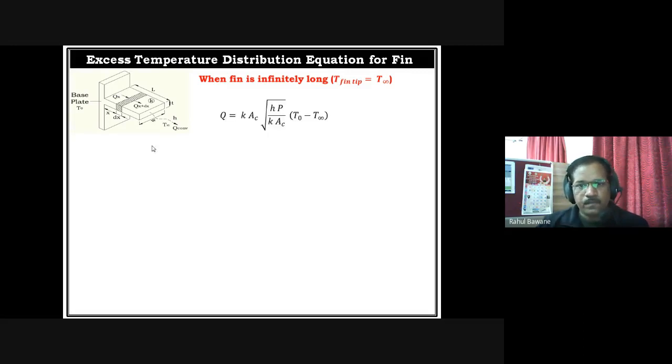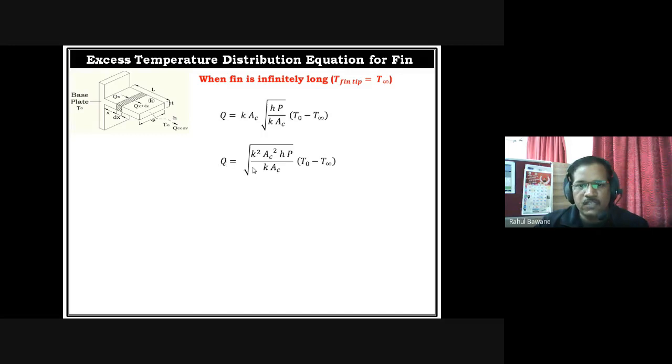Now q is equal to k AC m. So we put in the value of m. What is m? m is the square root of hP upon k AC. Now we shift this k AC into the square root sign, so it becomes k square AC square.